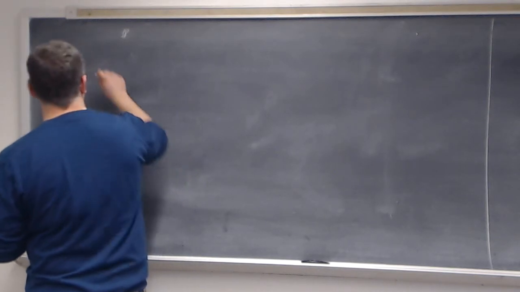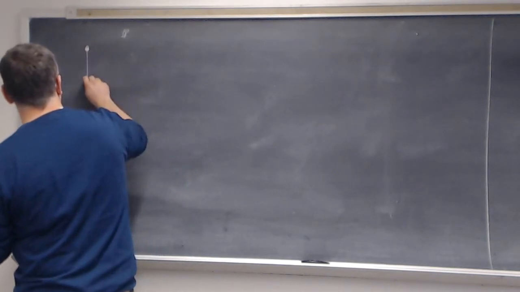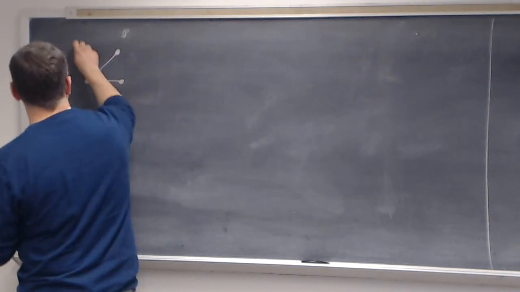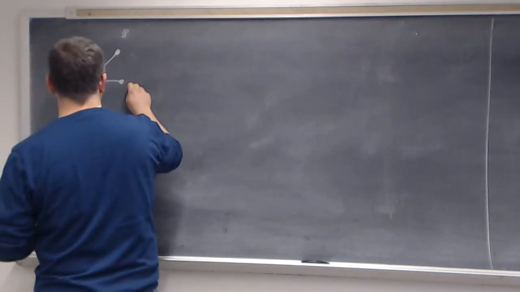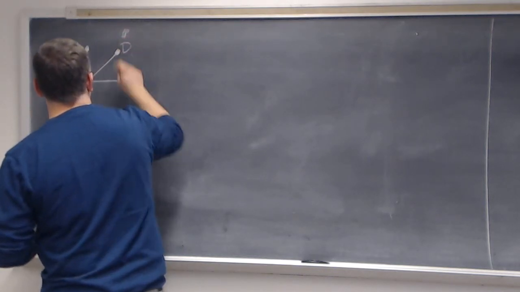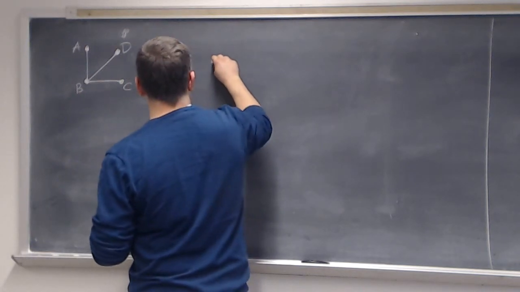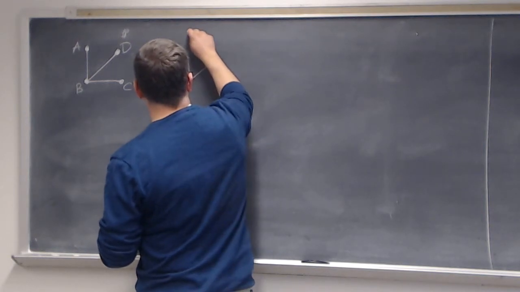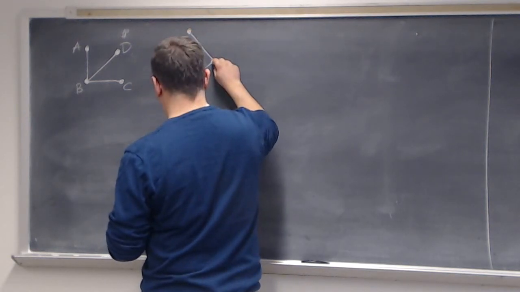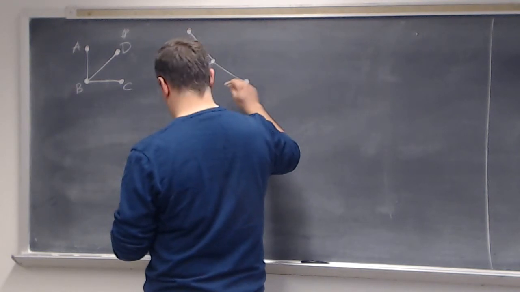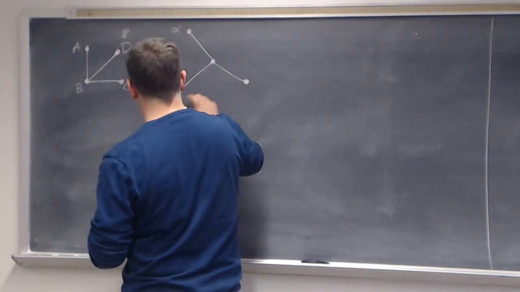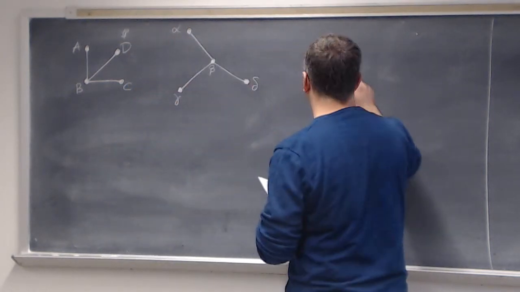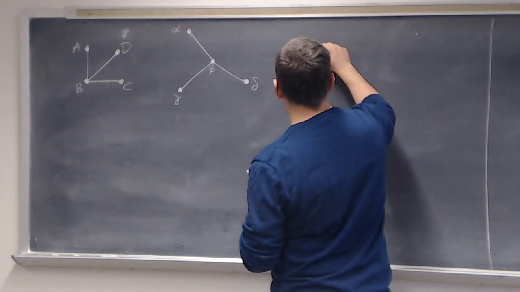So let's look at an example. You can label vertices with letters, Greek letters.